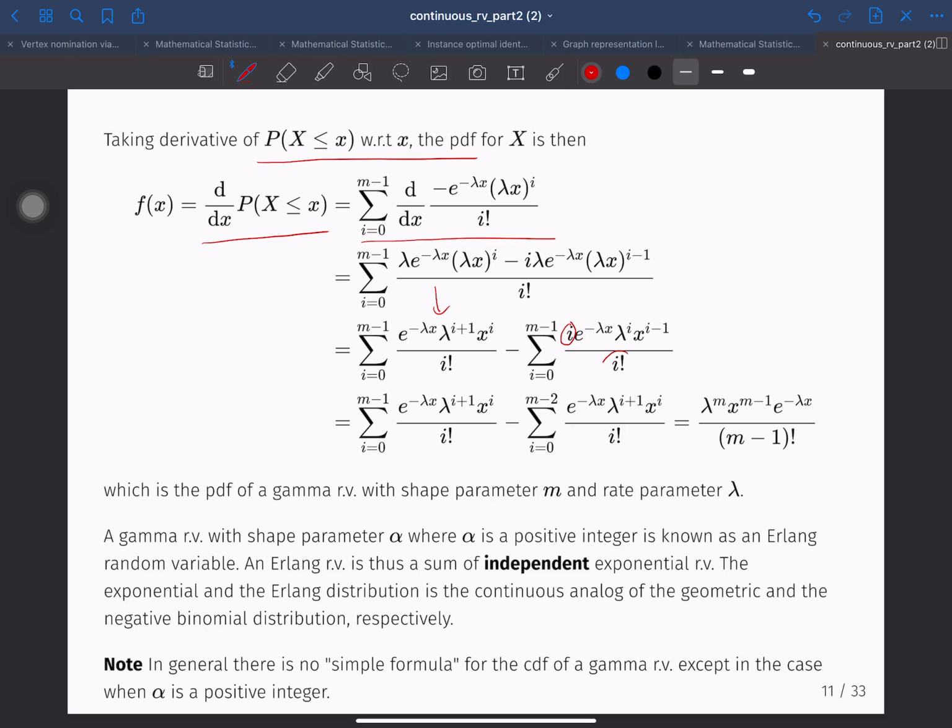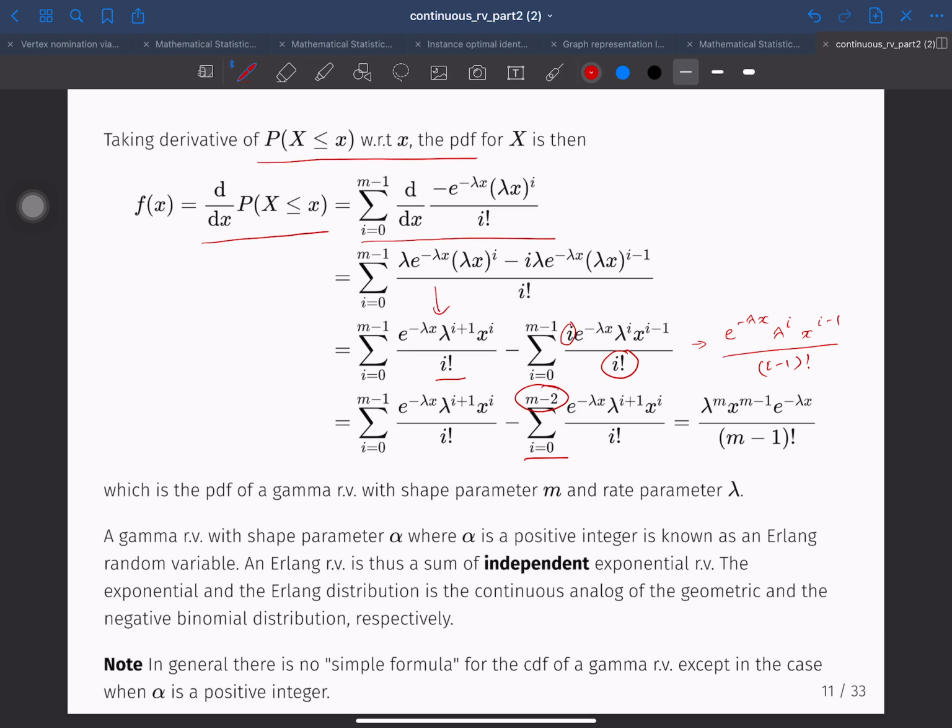If you normalize by i factorial, this term is just going to be e to the minus lambda x, lambda to the power of i, x to the i minus 1, divided by i minus 1 factorial. And this is i factorial. So you can re-parameterize that, so that instead of going with i from 0 to n minus 1, you now sum with i from 0 to n minus 2.